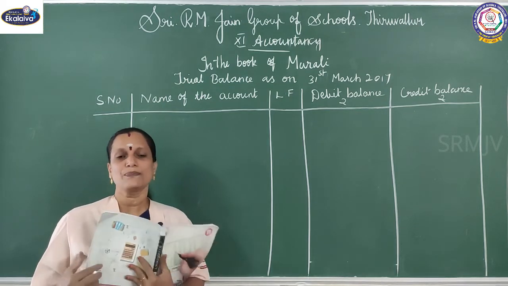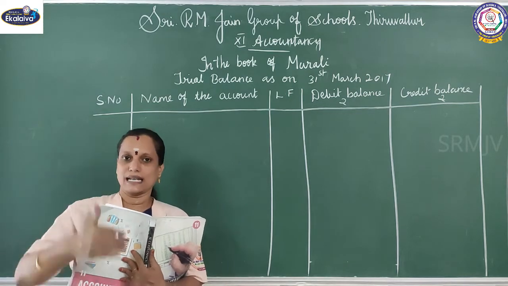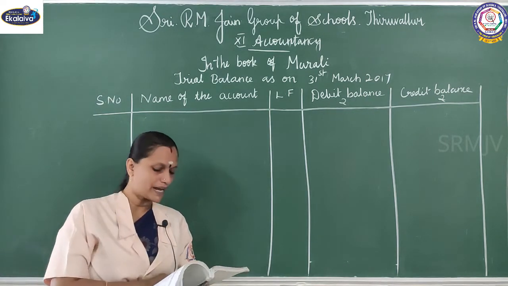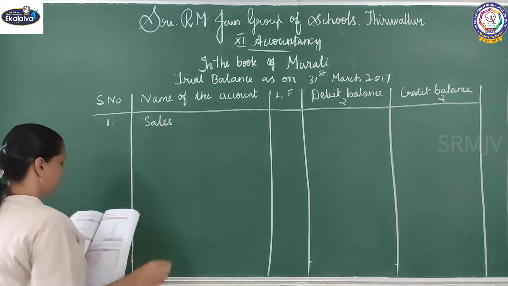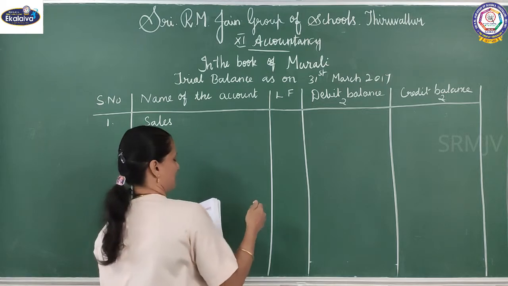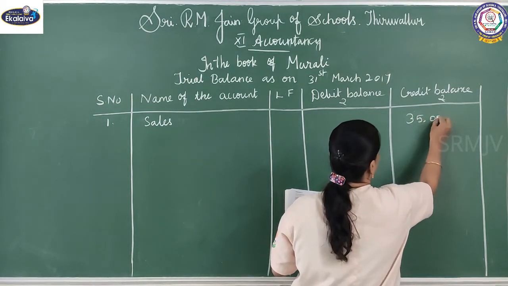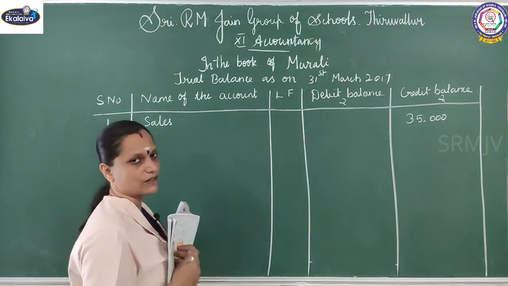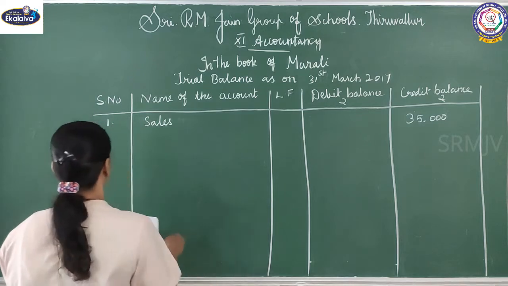See children, whatever expenses, whatever assets you are having, everything you will be debiting. Okay, see how I am entering. Sales, how much? 35,000. So for purchase, if you are debiting, sales we are going to credit. Okay.